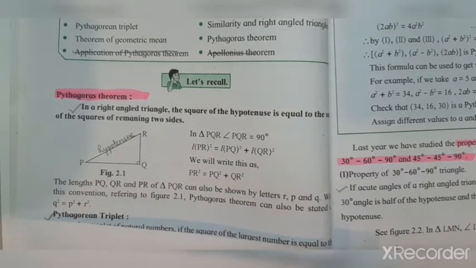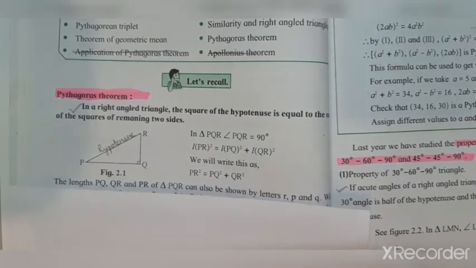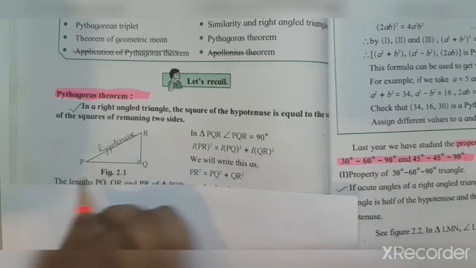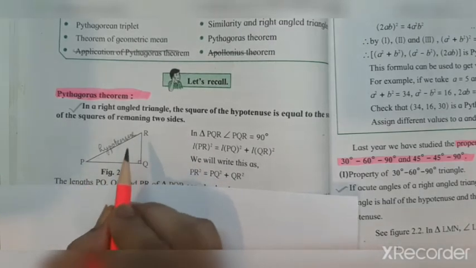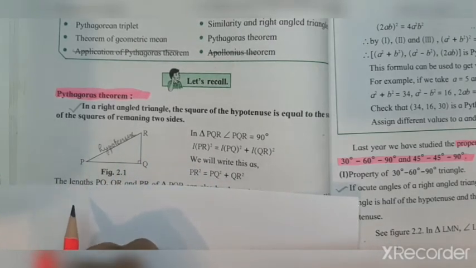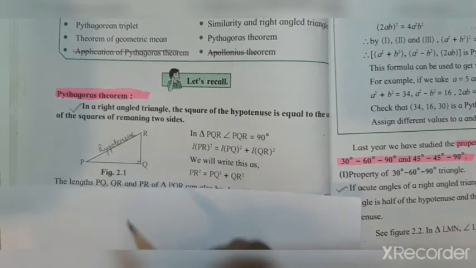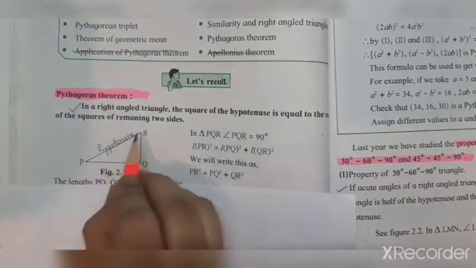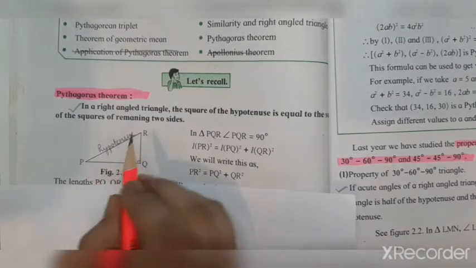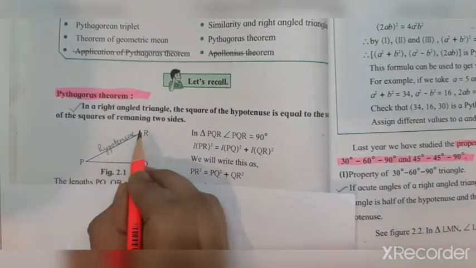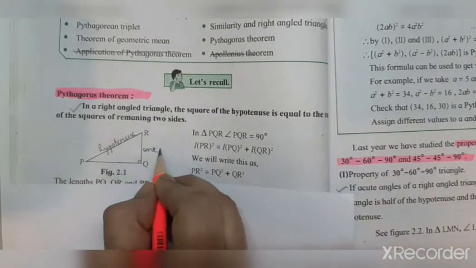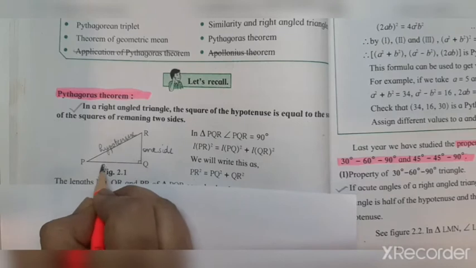How will you write this theorem in general, meaning if a figure is not given? As I told you, it is very important that to use Pythagoras theorem we need a right angle triangle, and a right angle triangle has a hypotenuse. So if we take this same triangle, I name this the hypotenuse, this one side and this the other side.